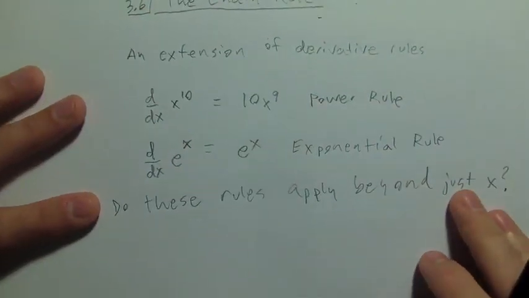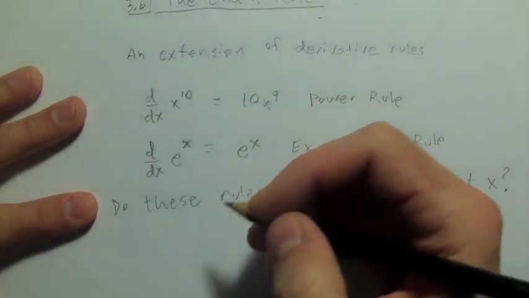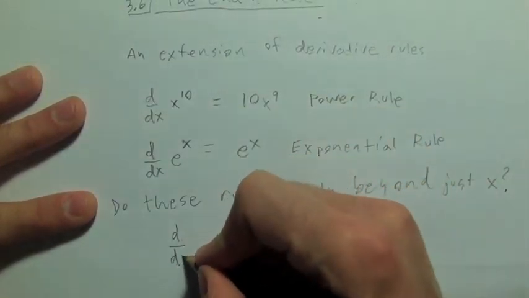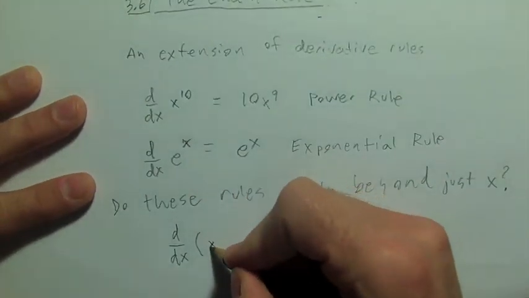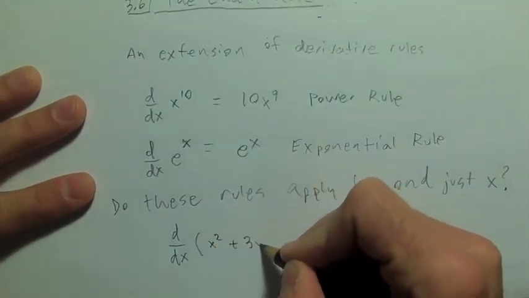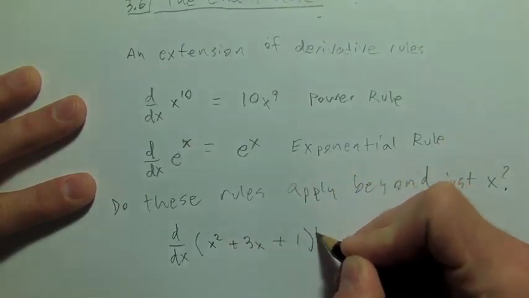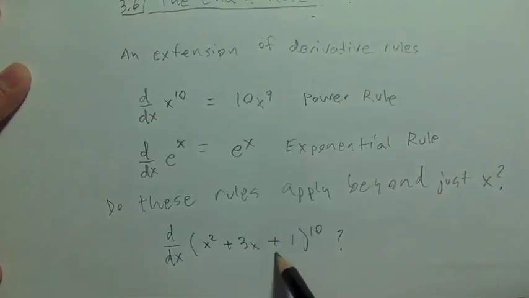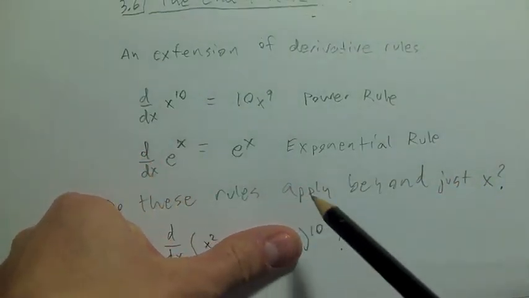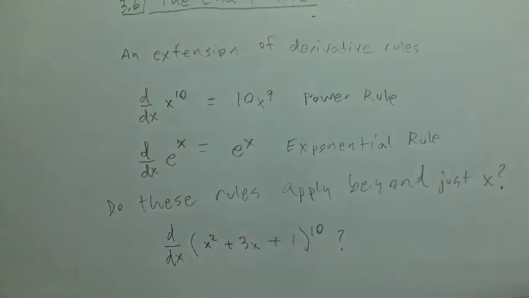In other words, can I apply the power rule to something other than just x to a power? Say x squared plus 3x plus 1 to the 10th. Does it work for this thing? Because this isn't x to the 10th anymore, it's some stuff to the 10th power. But does the power rule still apply?